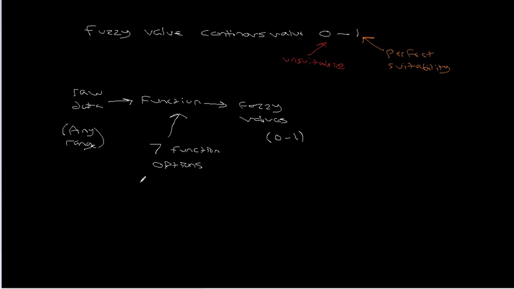So the first option we're going to talk about is going to be called linear. Then we're going to talk about something called near. We'll talk about small and large.